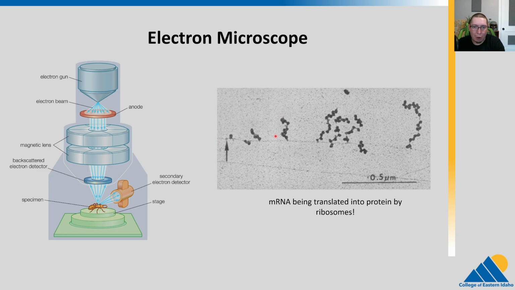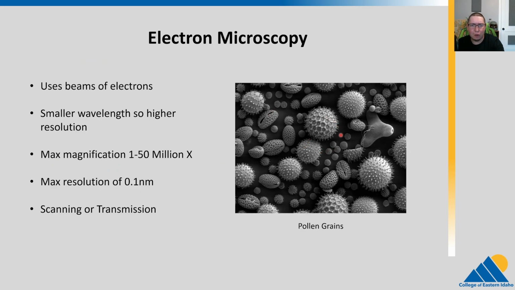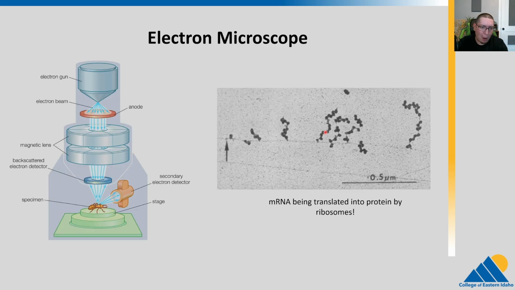So here we are making a protein off this mRNA. That's pretty incredible magnification, right? So electron microscopy is super cool. And you can get super high resolution images here, but it's very difficult to do.